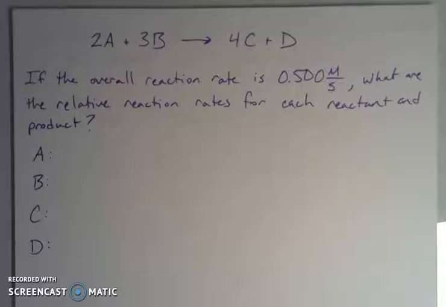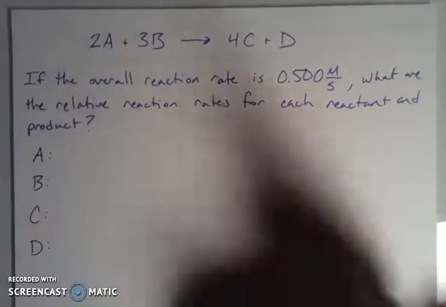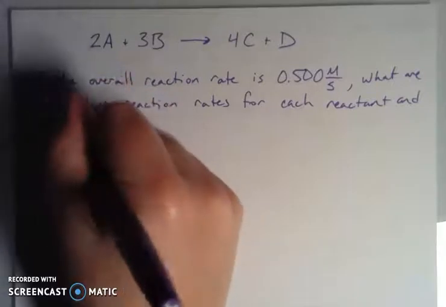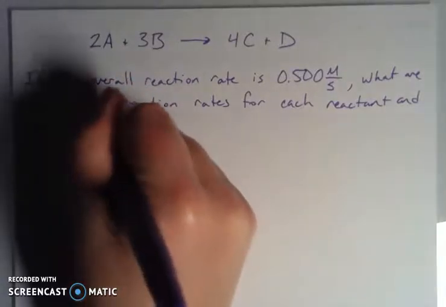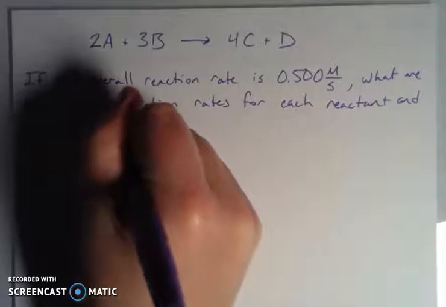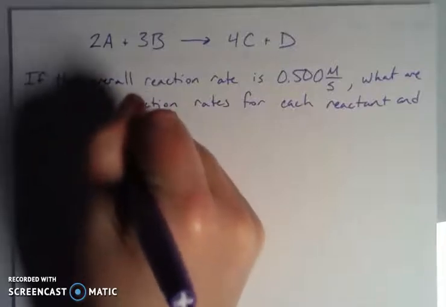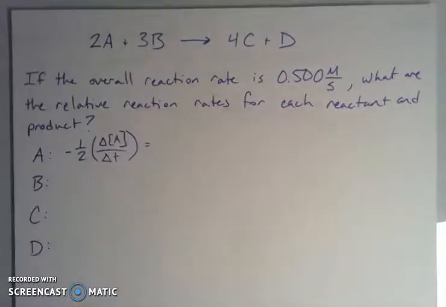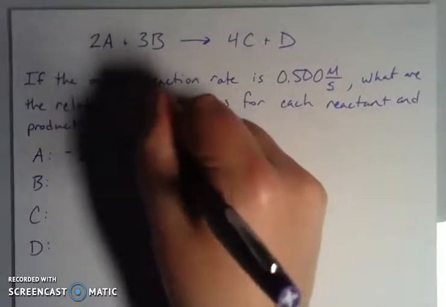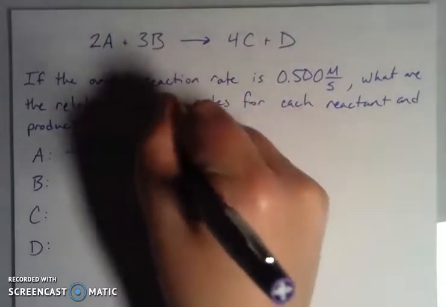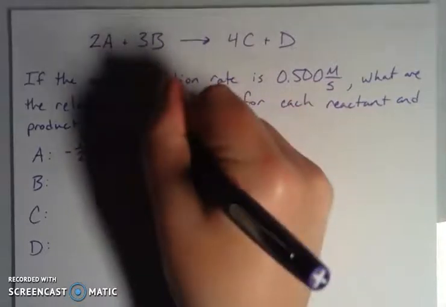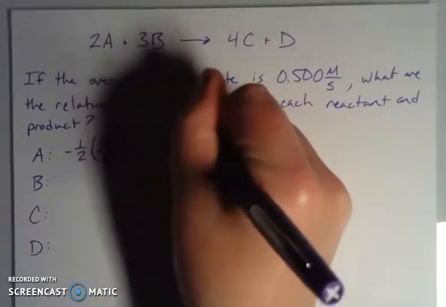If I'm setting this up, then my relative rate for my A, we just said that we have to base this on the coefficient. So we would say negative 1/2 of the change in the concentration of A over the change in time has to equal my reaction rate, which is the 0.5 molarity per second.